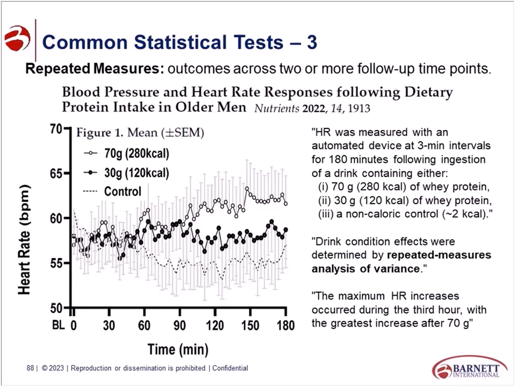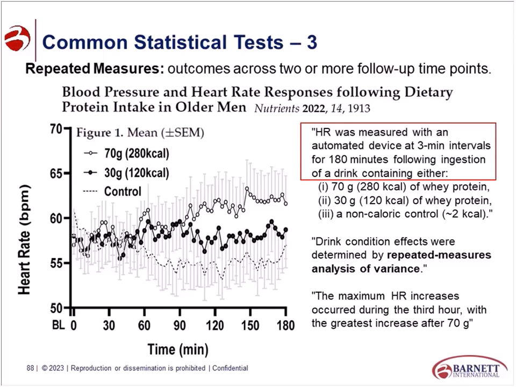We measure over time. Repeated measures, by definition, means you're taking continuous measurements. Here, heart rate was measured with an automated device every 3 minutes over 3 hours.